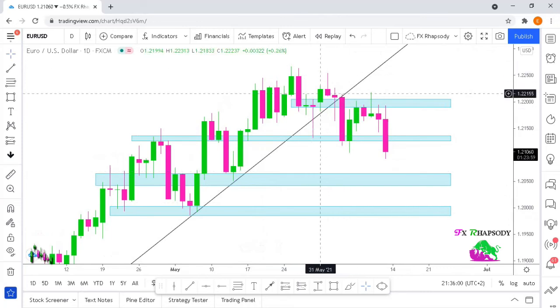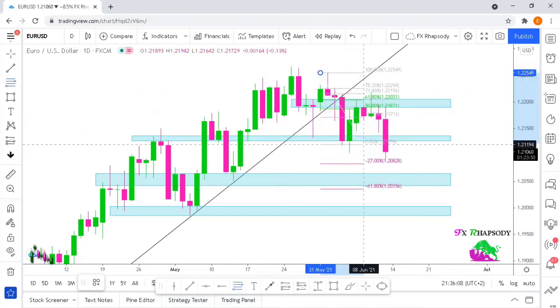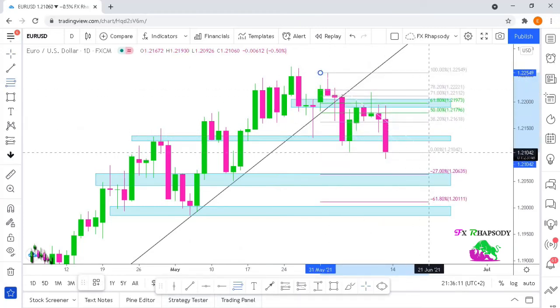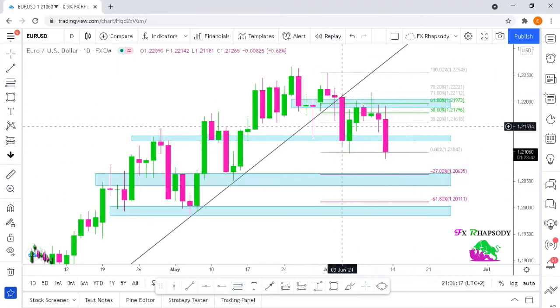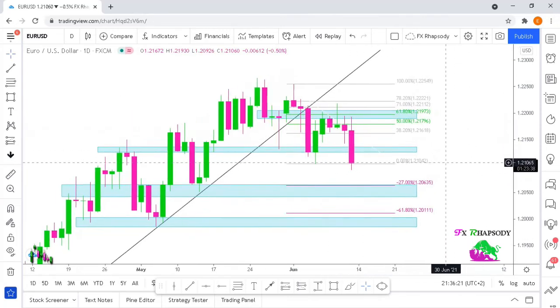So basically we take out our Fibonacci. I just wanted to show you here, price went from the top, broke to the bottom. We are currently assuming that price is going down. It's going to create a lower low, lower high, lower low. We can see that it broke structure.